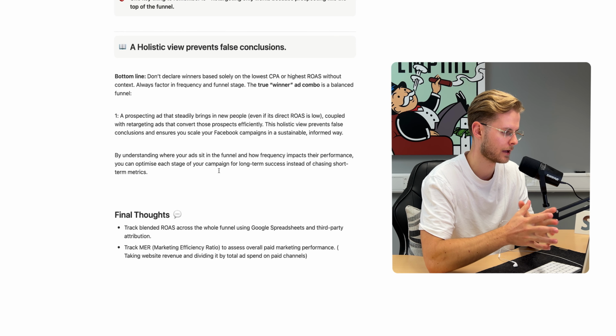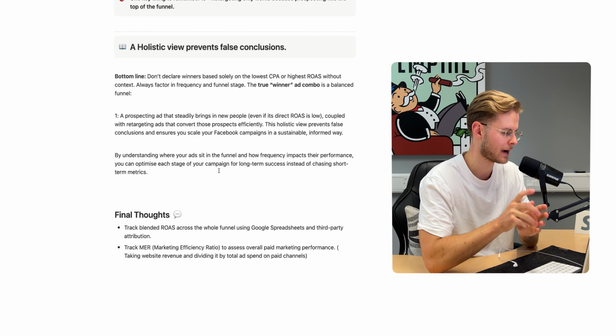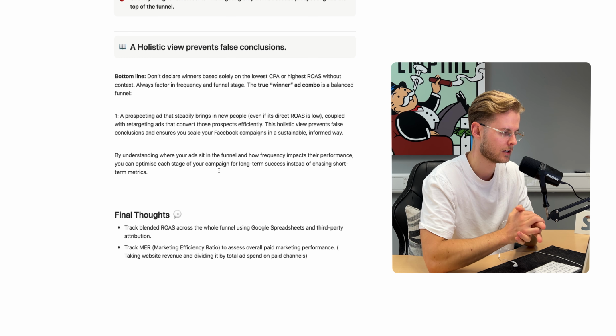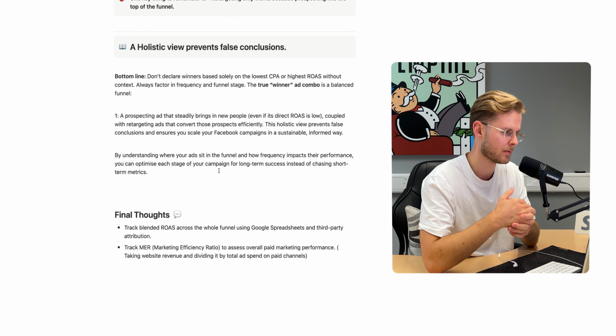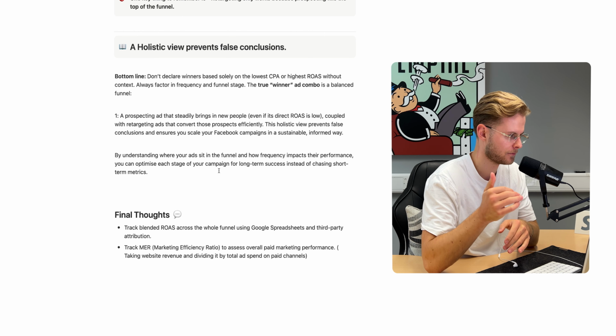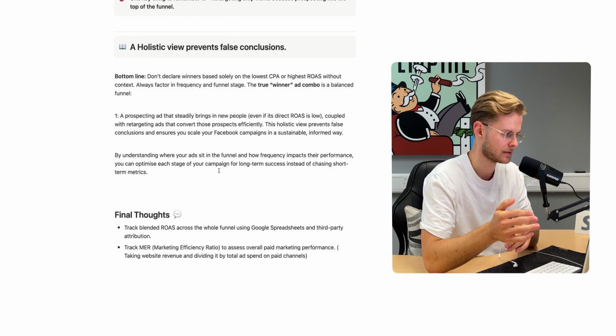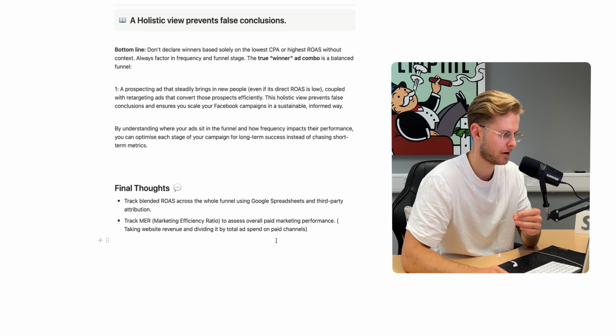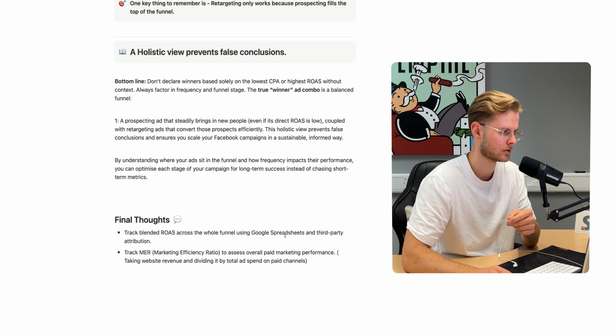That's going to give you more accurate data rather than isolating these campaigns and turning one off because you think it's not got the right metrics, when maybe you're just breaking even on it, but what you don't understand is that it's funneling the bottom of funnel campaigns. So make sure to also track MER, the marketing efficiency ratio, to assess overall paid performance, which is taking website revenue and dividing it by total ad spend on all your paid channels.